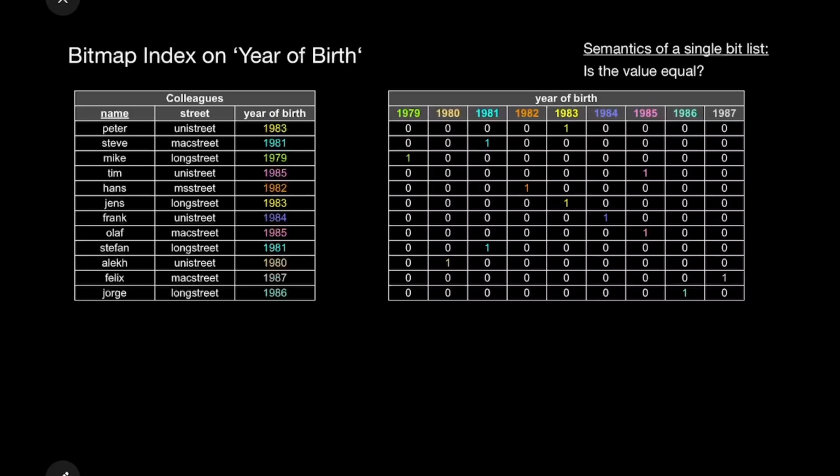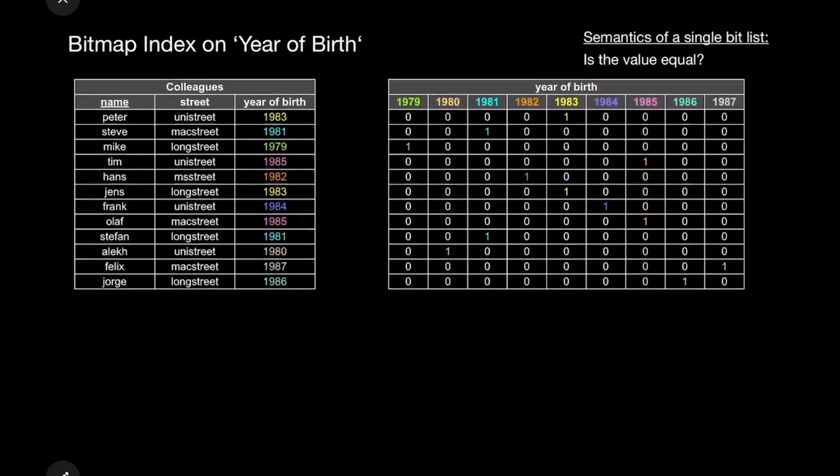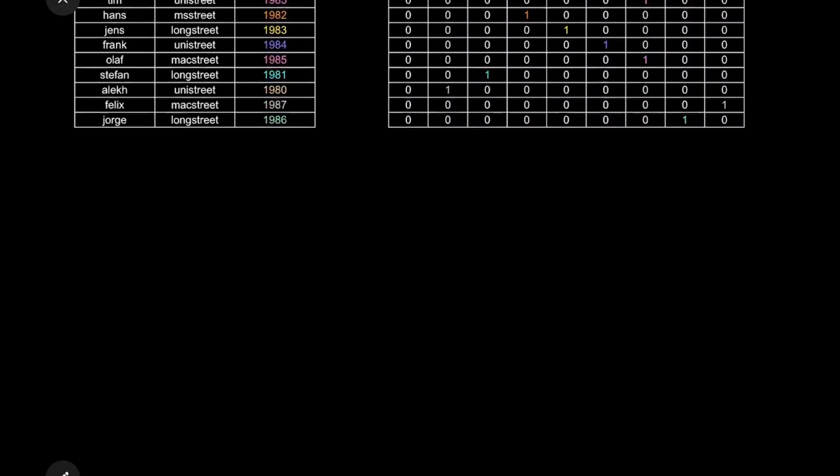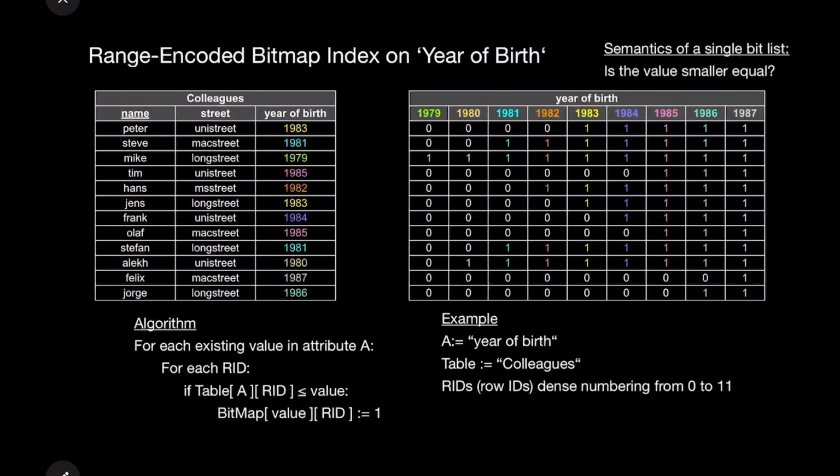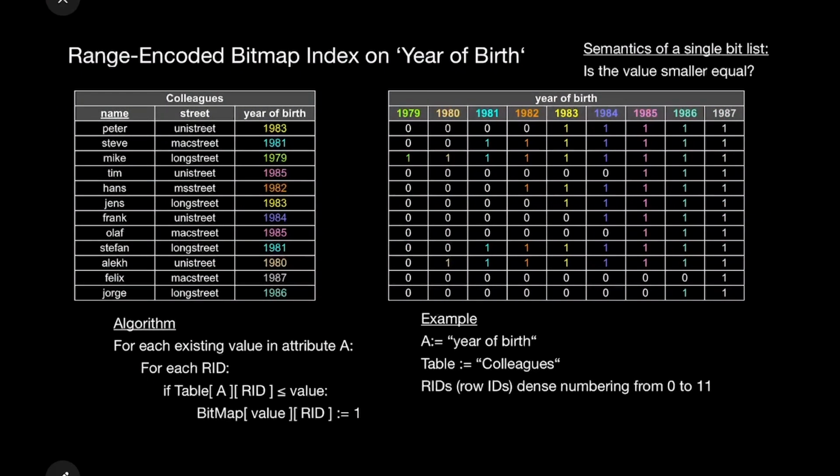So that's still an example bitmap for equality. But here, the semantics is: is the value smaller or equal? Yeah, and you can play all kinds of games with that. We talked about different queries you can answer with that, and so forth.